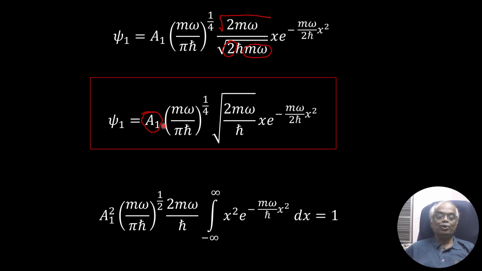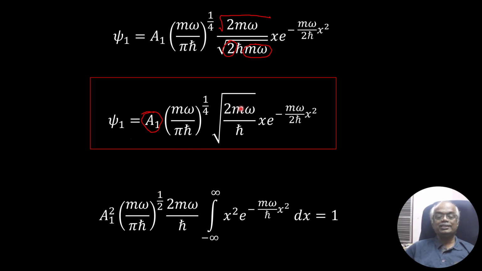In order to find the normalization constant, this equation must satisfy the condition that modulus psi 1 squared must be equal to 1. If you square this, you get A1 squared, and m omega over pi h cross whole power of this, when squared, you will get half.